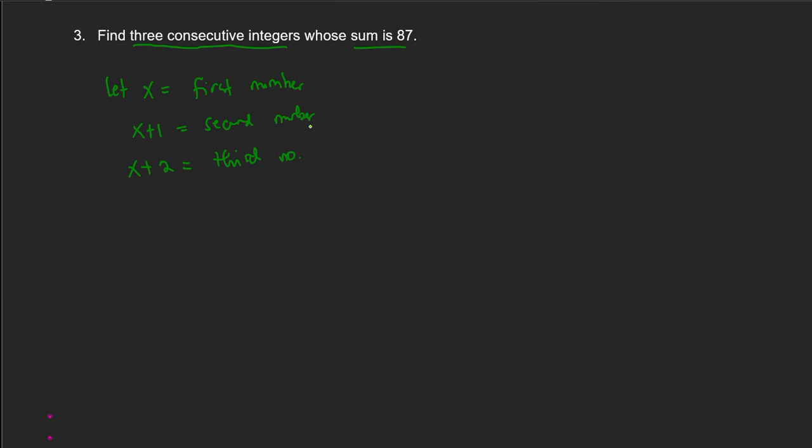Now, we can now create our equation. Yung equation natin na x, i-add pa daw natin kay x plus 1 plus x plus 2, and that is equal to 87. And that will be our equation in this problem.